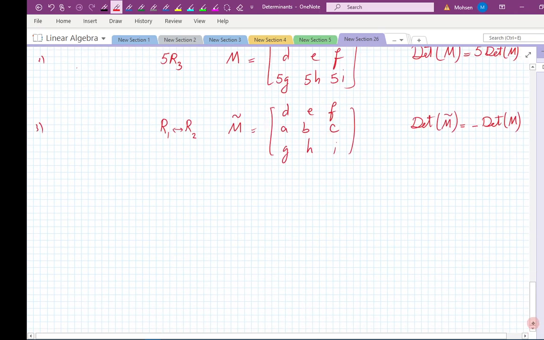So what other operations did we have? We had addition, multiplication, transpose, powers, we have everything. So how about the determinant of A plus B? What is the determinant of A plus B?